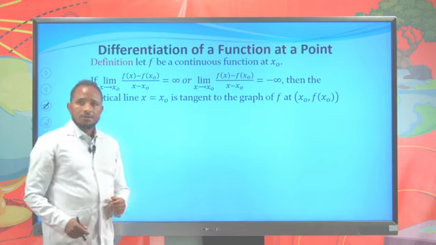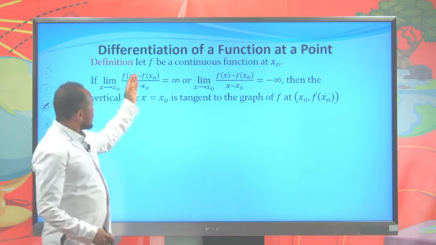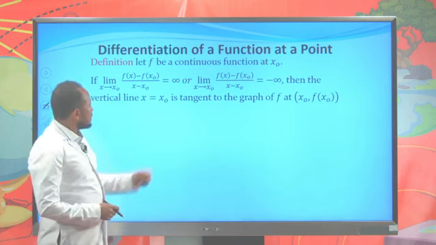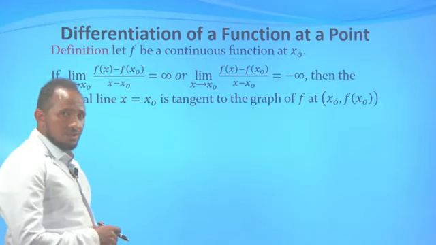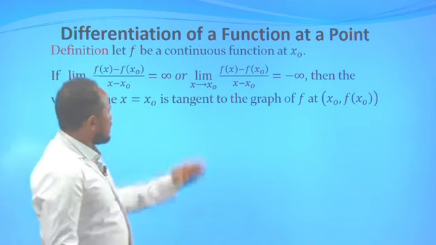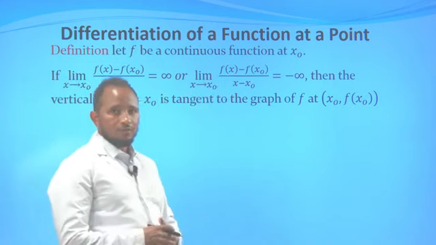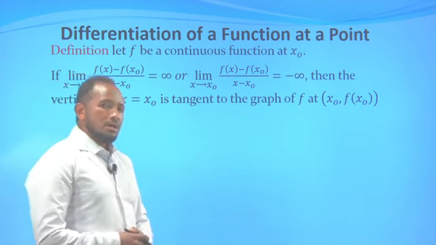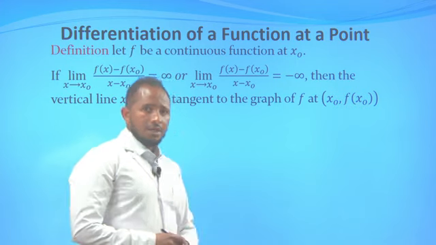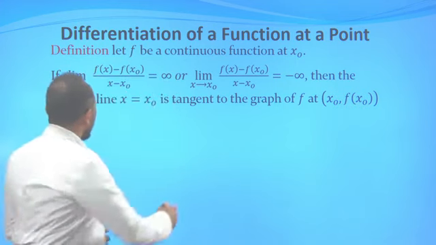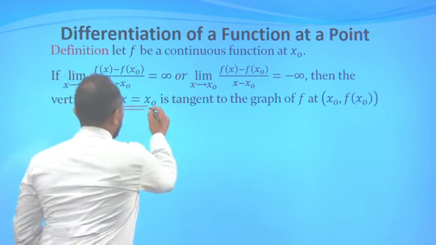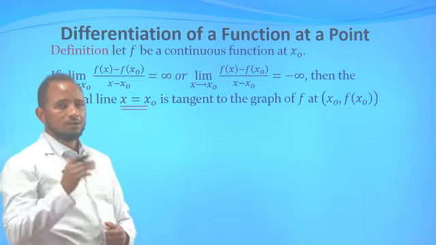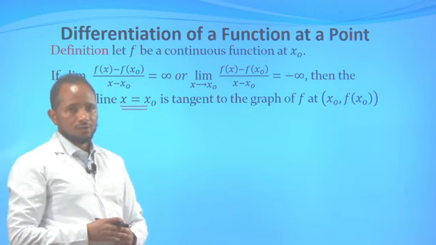If the limit of (f of x minus f of x naught) over (x minus x naught), where x approaches x naught, is equal to infinity, or negative infinity, then the vertical line x equal to x naught is a tangent line to the graph at (x naught, f of x naught).